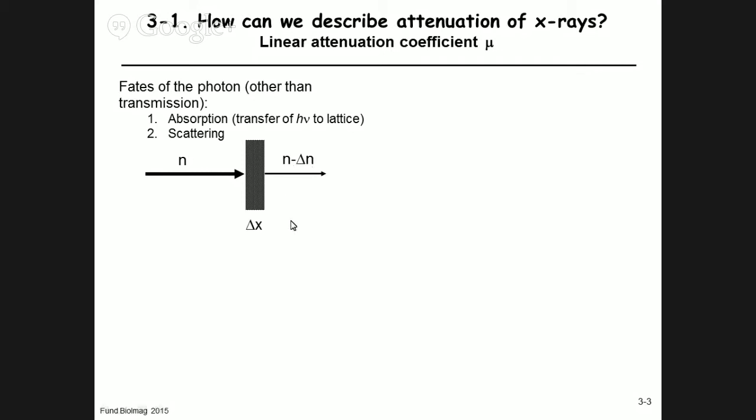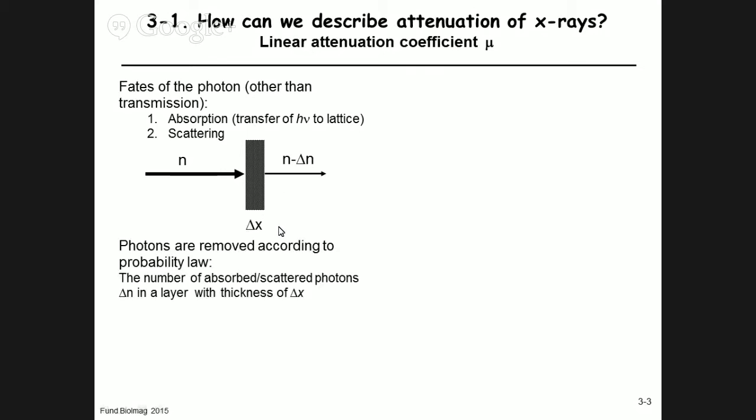Okay, so the number of photons is reduced by having this X-ray beam passing through this tissue layer of thickness delta X. So now the removal of the photons is done by probability, and we can write an equation that describes the number of photons that are absorbed or scattered, that is removed from the beam, the delta N, in a layer of thickness delta X. And this is very empirical here.